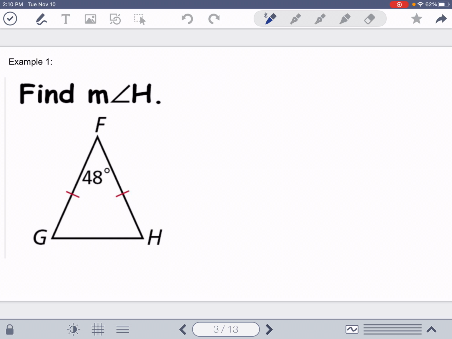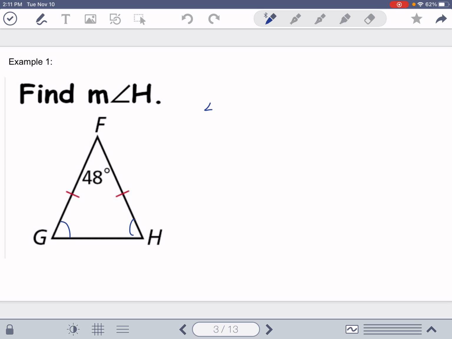If we have a triangle GFH and we know that the angle at F is 48 degrees, we want to try to figure out what H is. Well, first of all, it's an isosceles triangle, so these two angles, angle G and angle H, are going to be congruent.